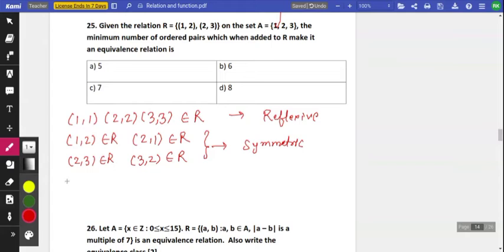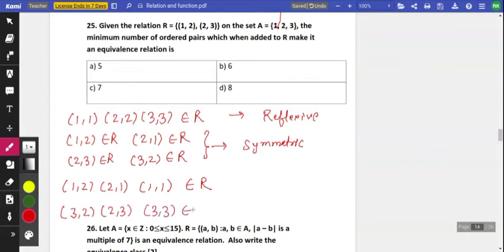For transitive, if 1 comma 2 and 2 comma 1 belong to relation R, and 1 comma 1 belongs to relation R, then the given relation is transitive. And if 3 comma 2 and 2 comma 3, 3 comma 3, then the given relation is also transitive.